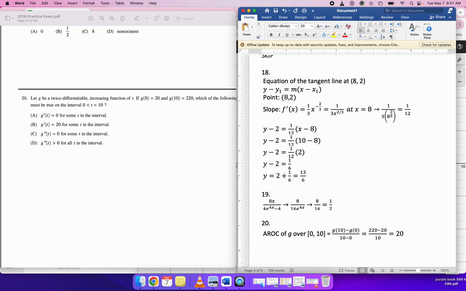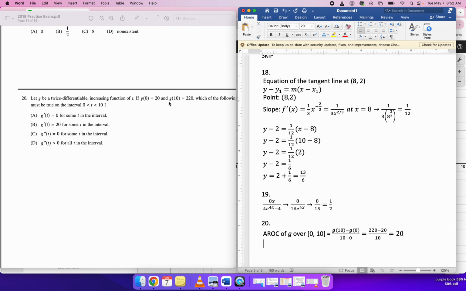Now, the mean value theorem says that if you have a function which is continuous on the entire closed interval, including the endpoints, and that function is differentiable on the open interval, in other words, 0 to 10, but doesn't need to include the endpoints, then the instantaneous rate of change, like the derivative, will equal the average rate of change. This function satisfies those conditions.